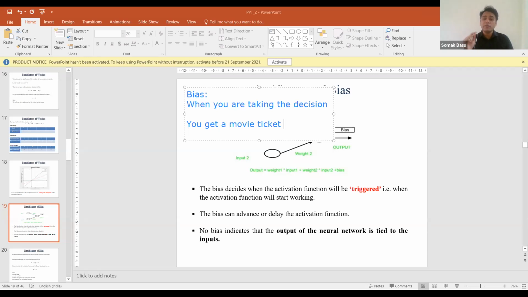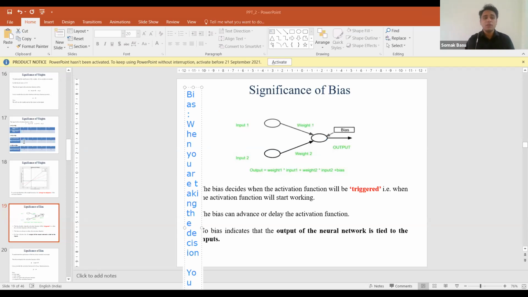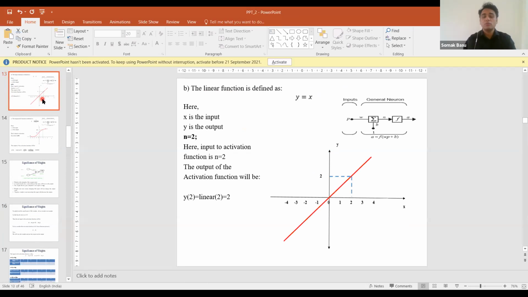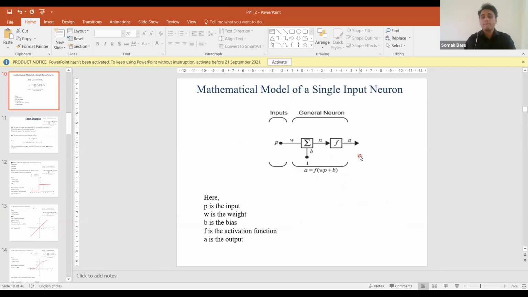The bias actually governs when the activation function is going to be triggered. So what does the activation function do? Just a second, I'll just go back. So for example, I told you, P is the input, W is the weight.